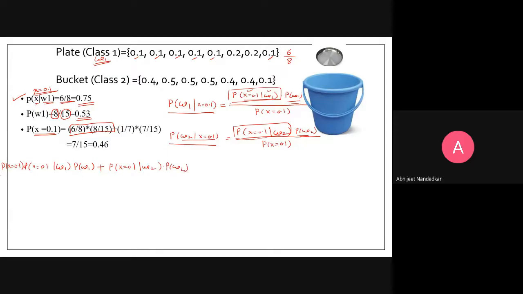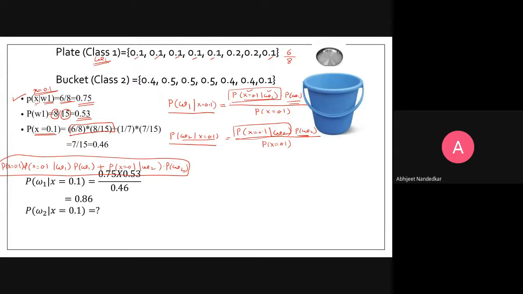So again I am using the sum rule. The denominator is always using the sum rule. You can note down this thing. So substitute these values, you will get this to be 0.46. Okay, so this will be 0.46.